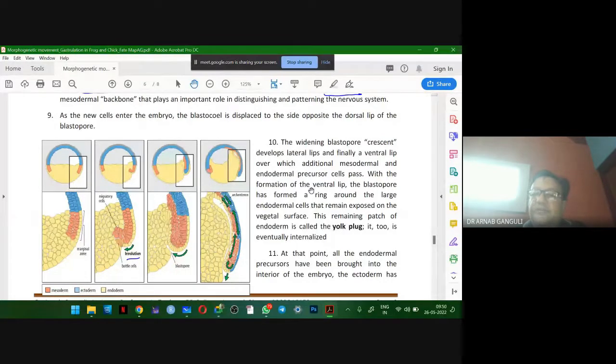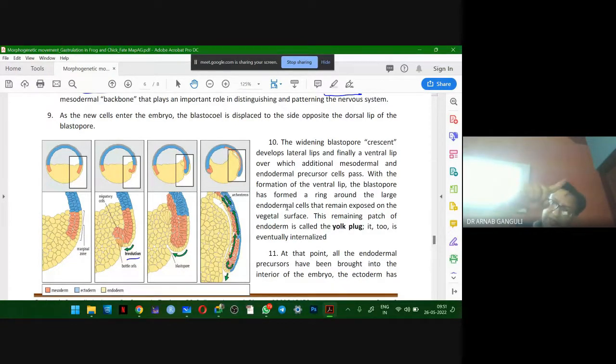With the formation of the ventral lip, the blastopore, this picture is not there actually, has formed a ring around a large endodermal cells. The blastopore has formed a ring around it.